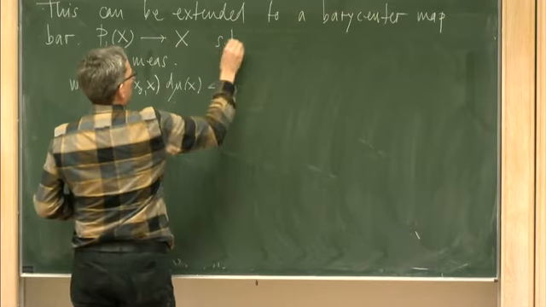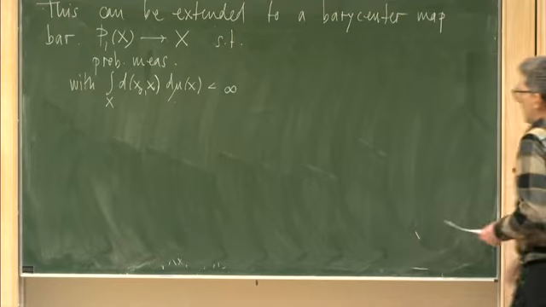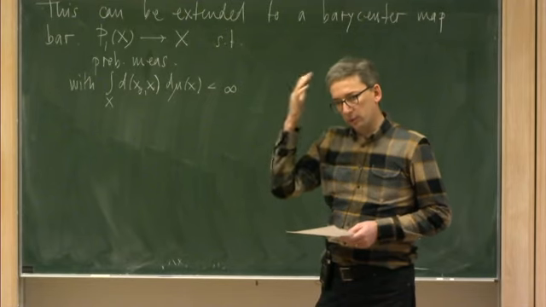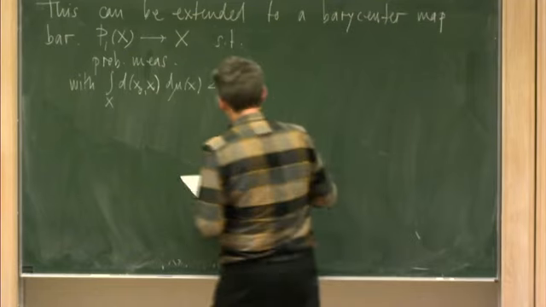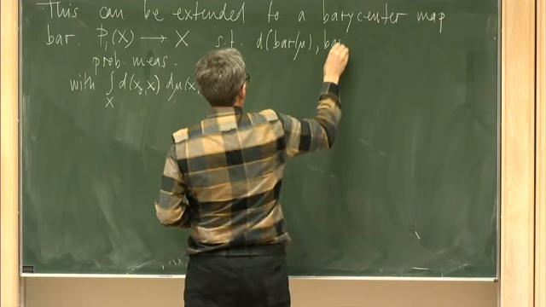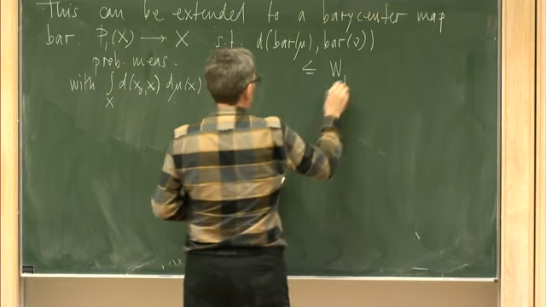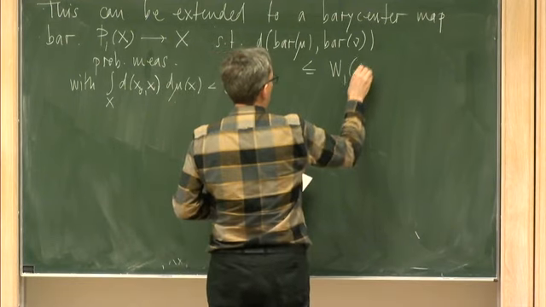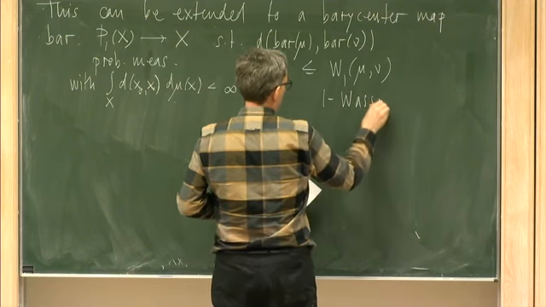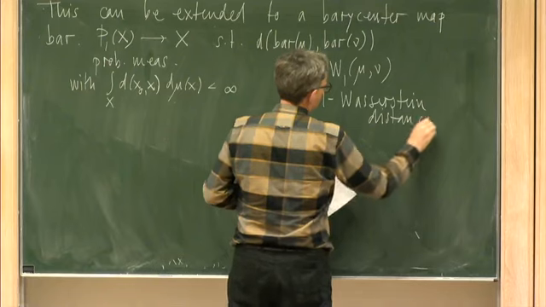And well, from this estimate, from property 2, you get that this map is 1-Lipschitz with respect to the so-called first Wasserstein distance. So d of barycenter of mu, barycenter of another measure nu, is less than or equal to W1 of the two measures, the 1-Wasserstein distance.